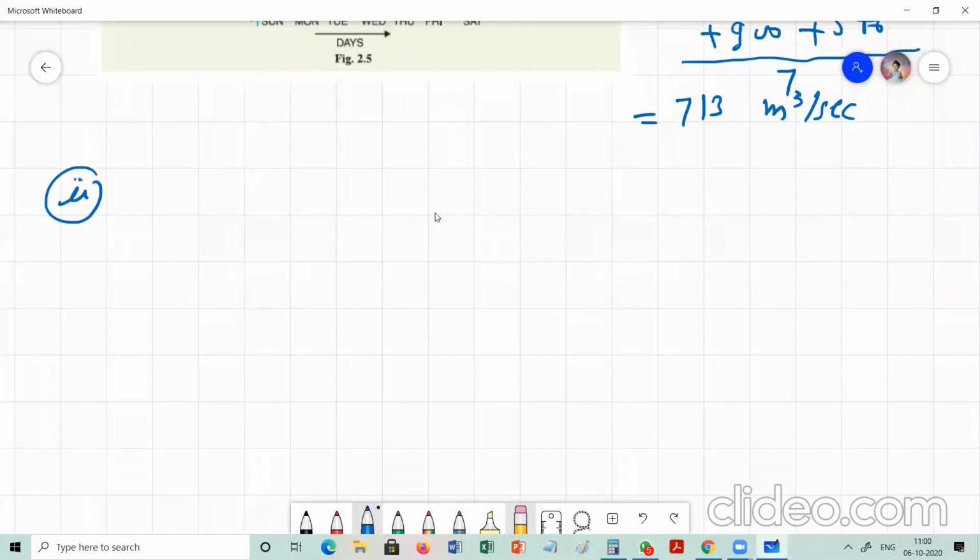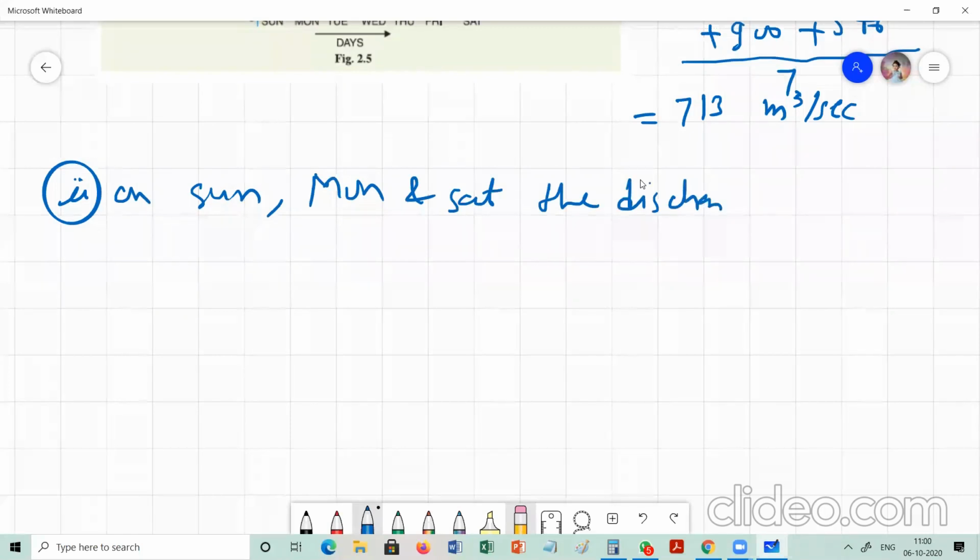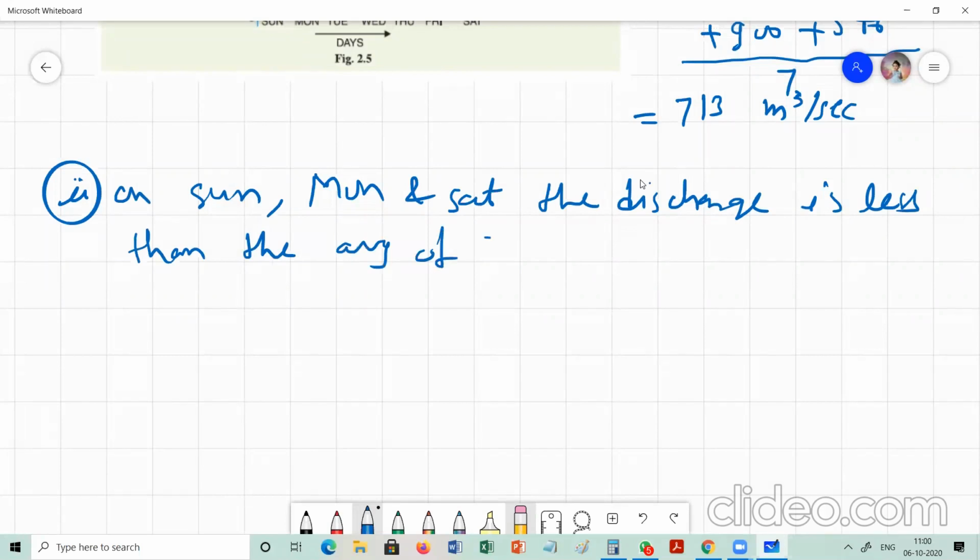On Sunday, Monday, and Saturday, the discharge is less than the average of 713 meter cube per second.